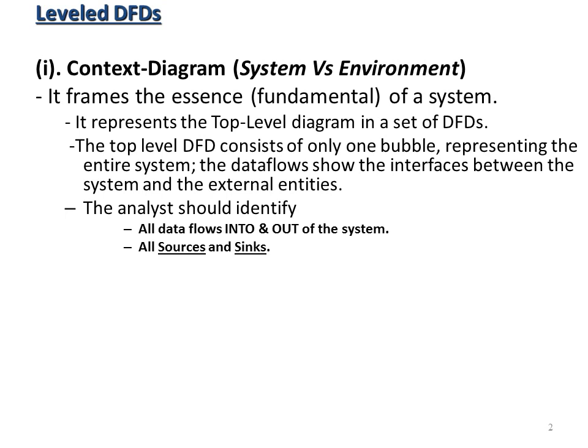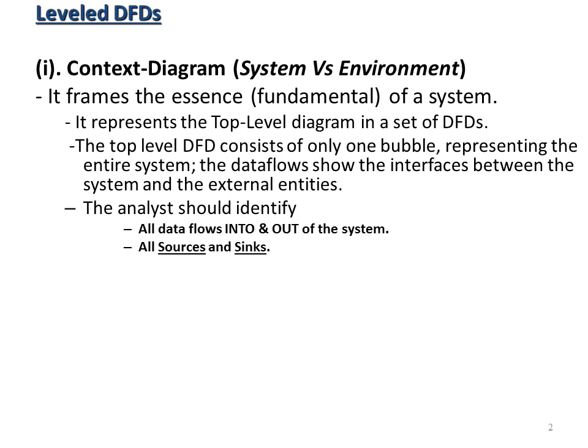The context diagram consists of only one process or bubble, which represents the whole system, and it consists as well of the data flows, which show the interfaces between the system and the external entities.